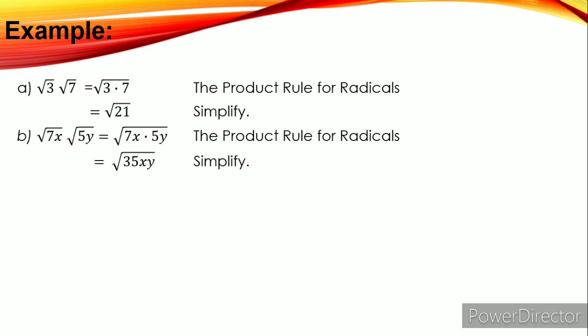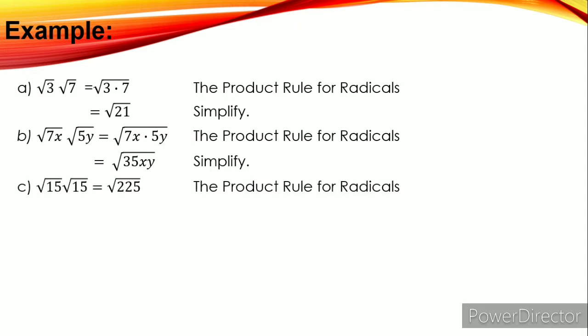And the simplified form is square root of 35xy. Letter C, square root of 15 times square root of 15 equals square root of 225, that's the product rule for radicals. And the answer is 15.